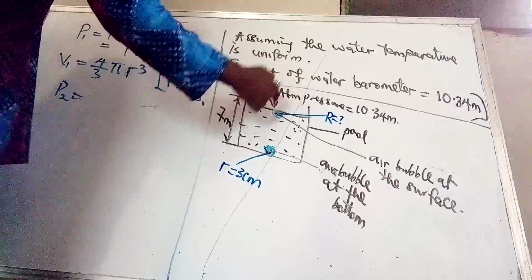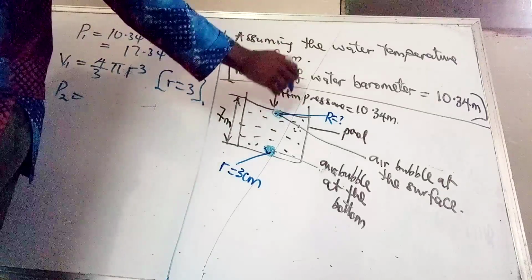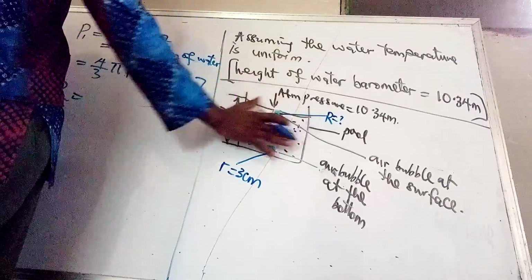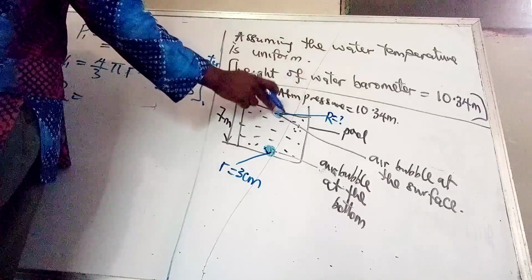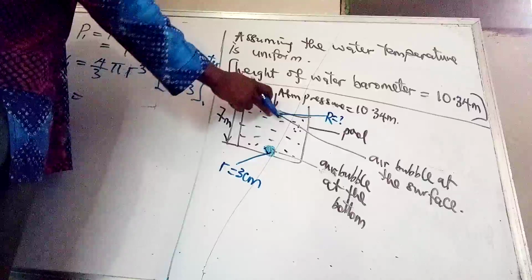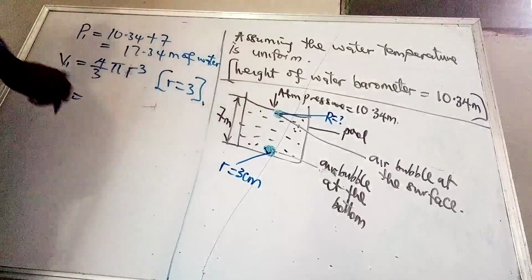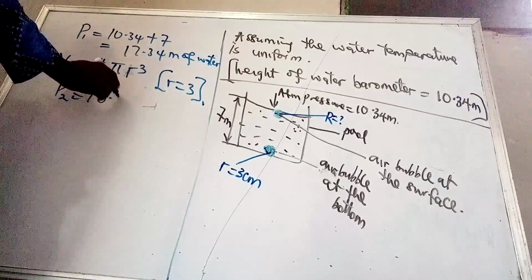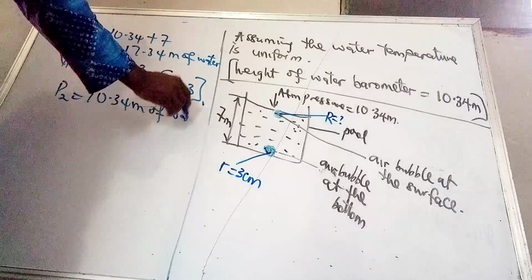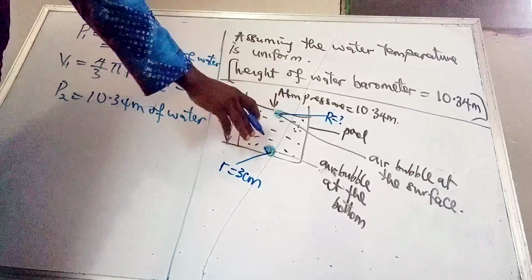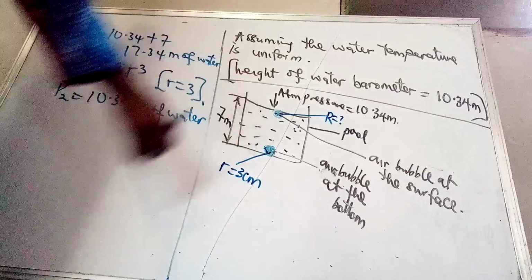So P2 will be only atmospheric pressure, because the weight of the water will not have any pressure to exert on the bubble again, as it has moved to the surface. So that will be 10.34 meters of water. If it is mercury used, it will be meters of mercury.